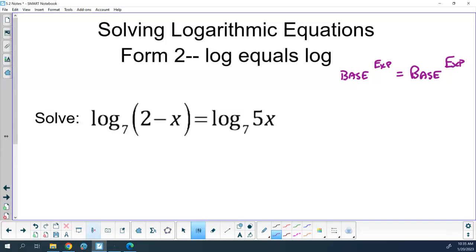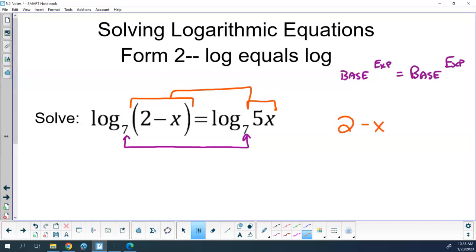Same thing here. If you're in a log case, if you've got base equaling base, then argument has to equal argument. So 2 minus x has to equal 5x.